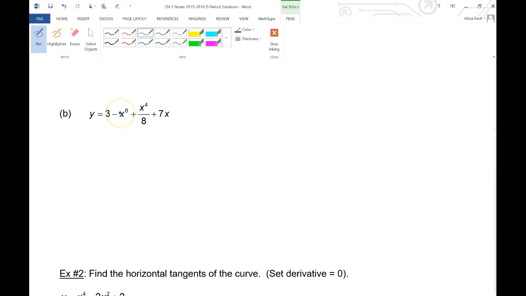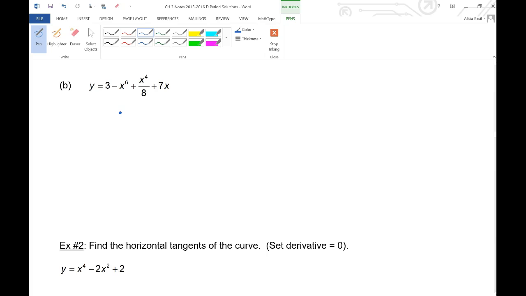Anybody want to try b? You want to come up, or you want to just tell me? Okay. 0 minus 6x plus, 4x to the 3rd over 8 plus.